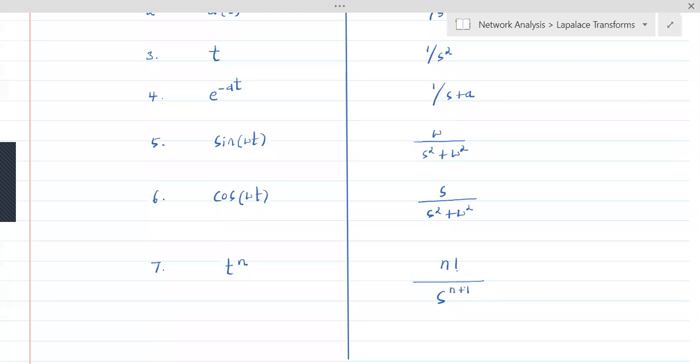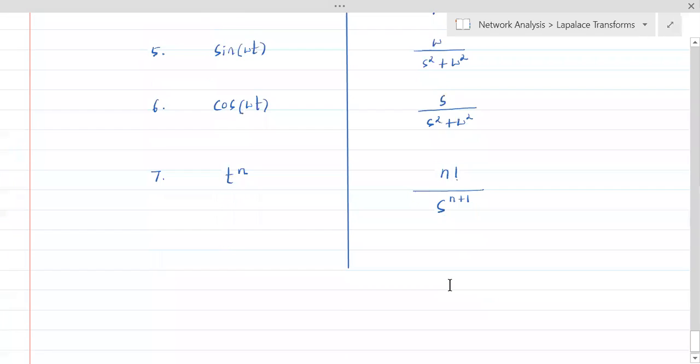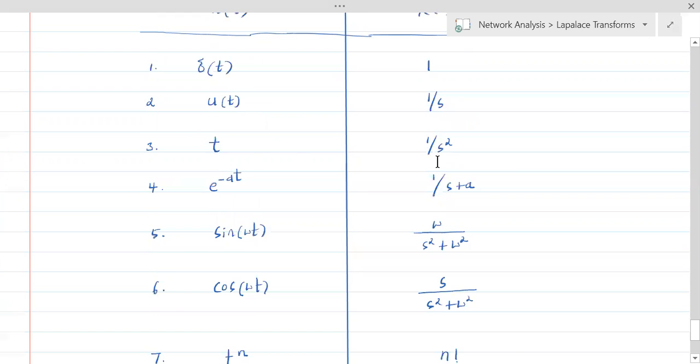Okay, similarly, what if you combine a ramp function with a decaying exponential? What is the ramp function? It is 1 by s square. What is the decaying exponential? It is 1 by s plus a. So if you have t along with e power minus at, that combination would give you the Laplace transform.